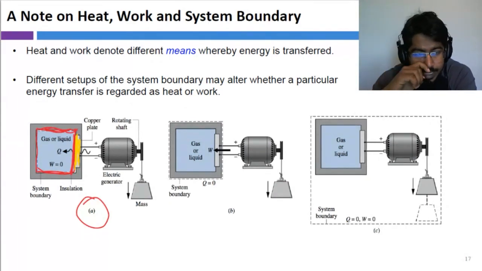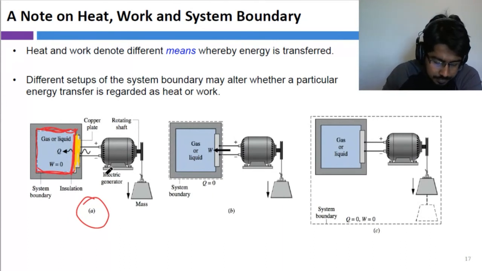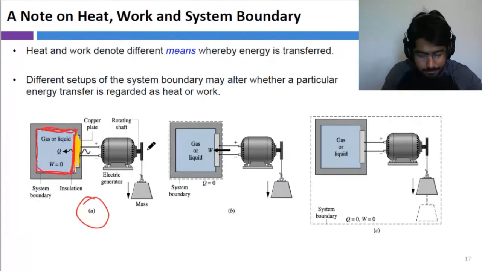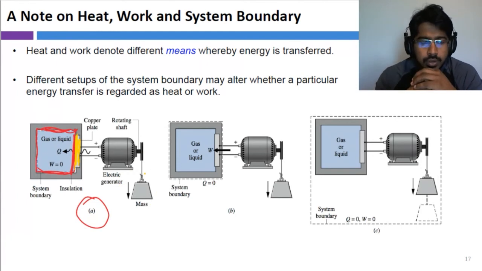That heating element is powered by an electric generator, and that generator generates power by rotating this pulley that you see here. To rotate that pulley, we use this mass, right?